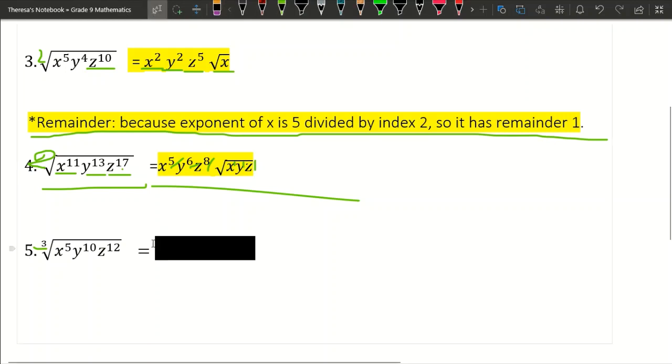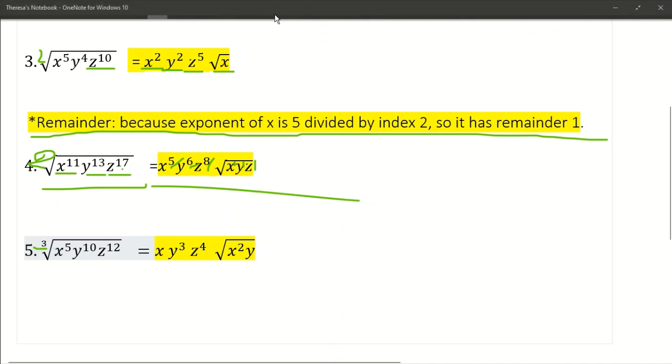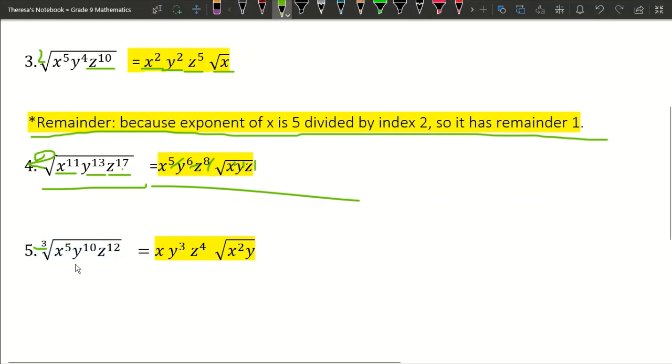So therefore, cube root of x raised to the 5th power. So 5 divided by 3, that is 1. So, kaya, wala tayong nakikita exponent here because that is understood na mayroon siyang 1 dito. Alright?